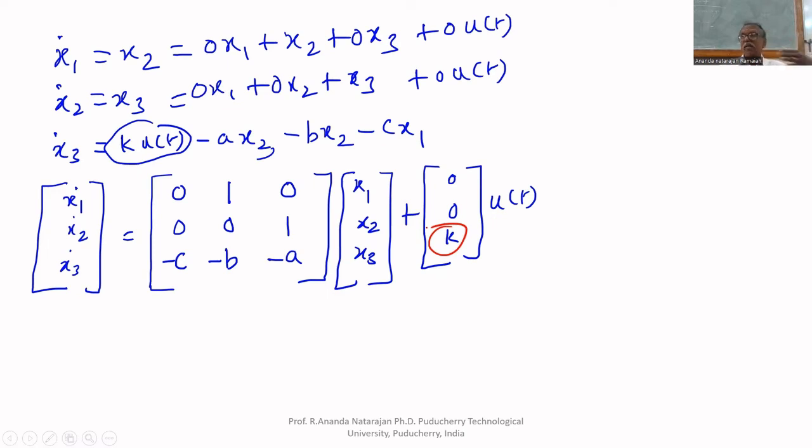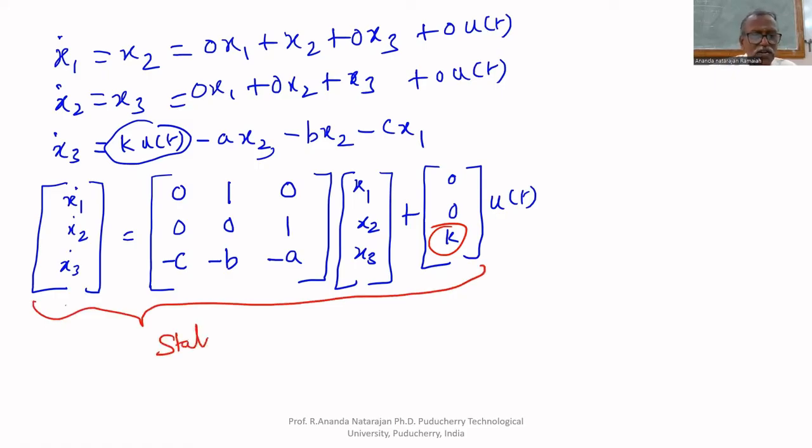The third order equation is written in matrix form. This representation is called state space representation. I am breaking the third order equation into three first order equations.